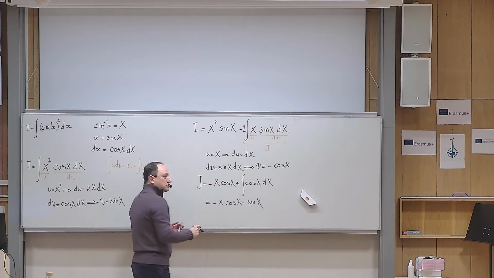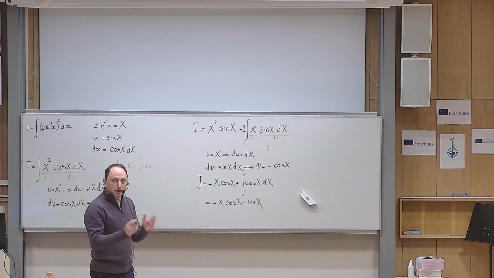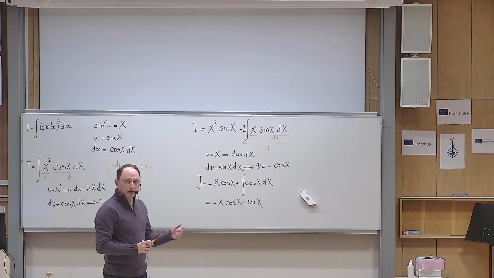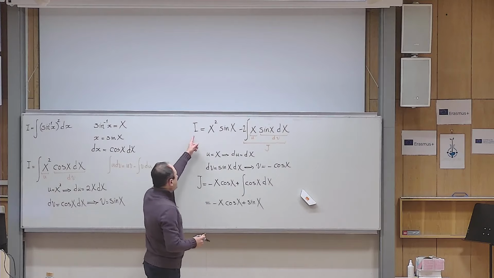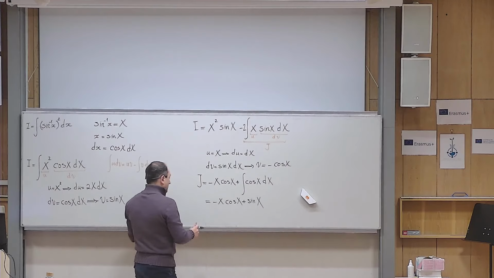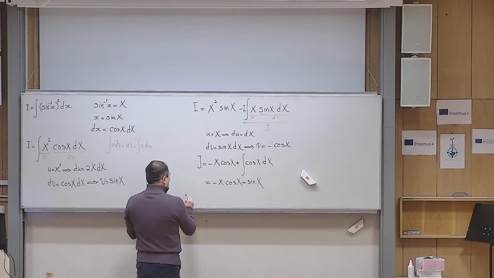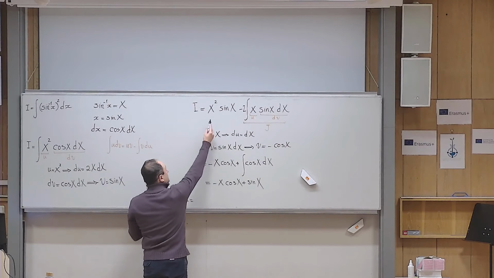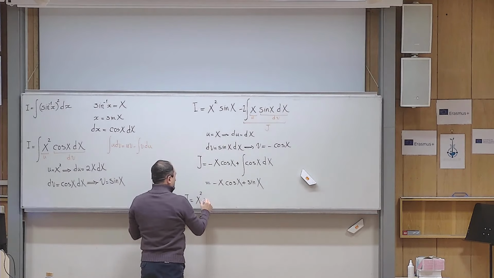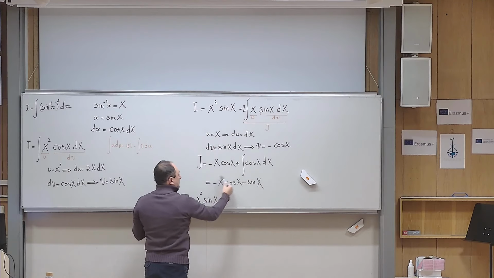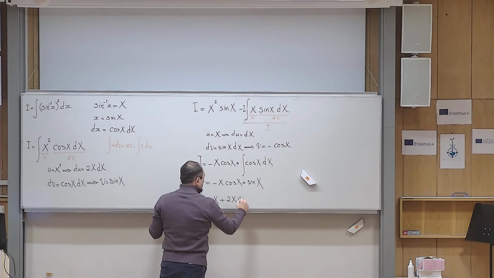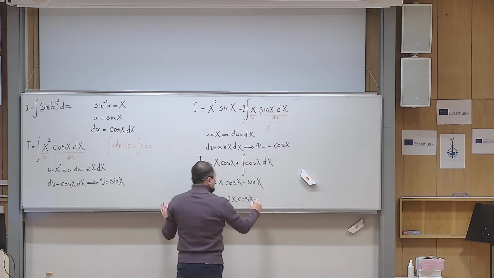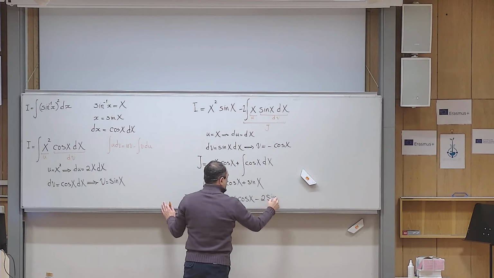I don't consider the constant c, I combine all the constants together at the very end. So this is my J, and I put it back there to find my I. Finally, I is equal to X squared sine X, minus 2 times what I got here, so it becomes plus 2X cosine X minus 2 sine X.